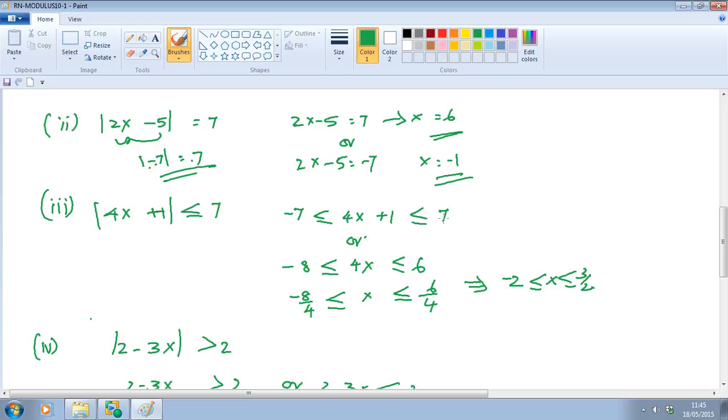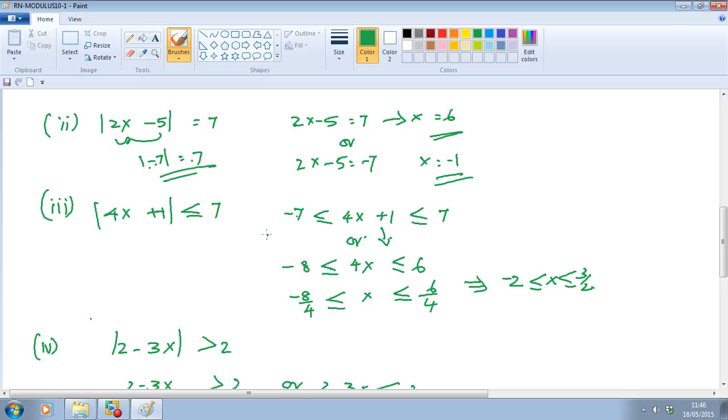First we take the plus sign, the same thing is maintained; then the minus sign comes. If you subtract 1 from both sides, minus 7 minus 1 becomes minus 8, 4x plus 1 minus 1 becomes 4x, and 7 minus 1 becomes 6.